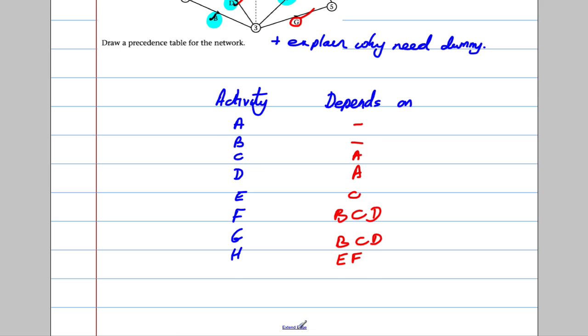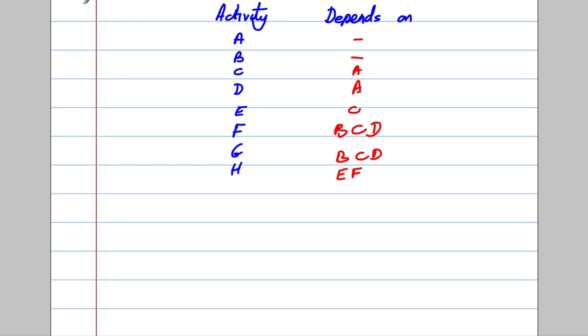Okay, now why was the dummy important here? Well, this is where our issue happened. These three here, look at this. This is where it all kicked off. And the reason is because of these dependencies here.